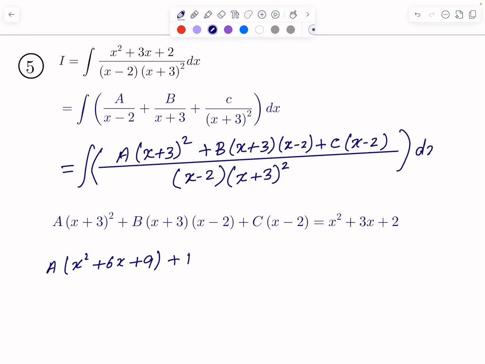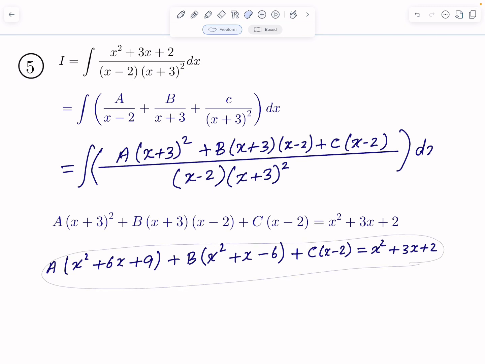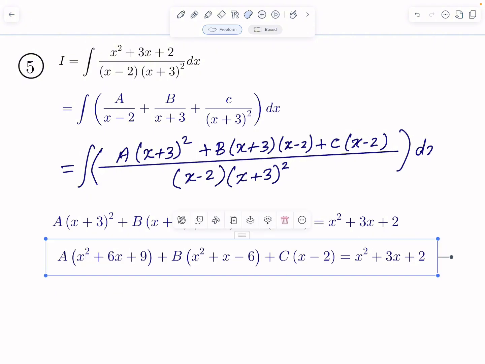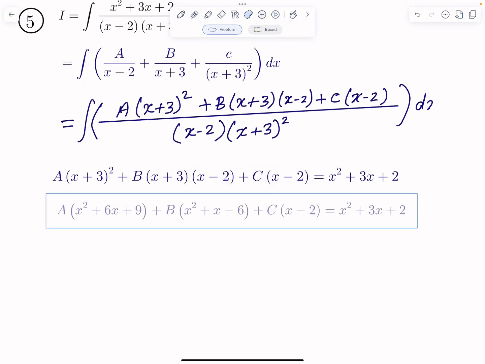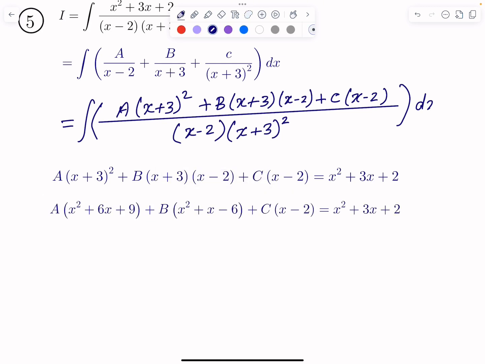And now we're gonna have a times x squared plus 6x plus 9 plus b, this is gonna be x squared minus 2x, and 3x is plus x, minus 6, plus c times x minus 2. And now we're gonna rearrange everything.